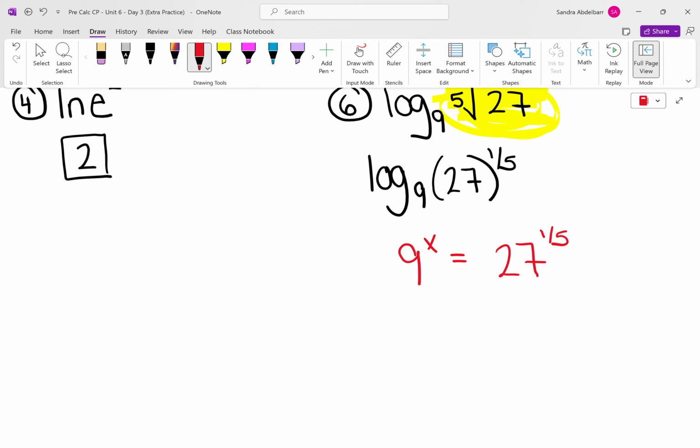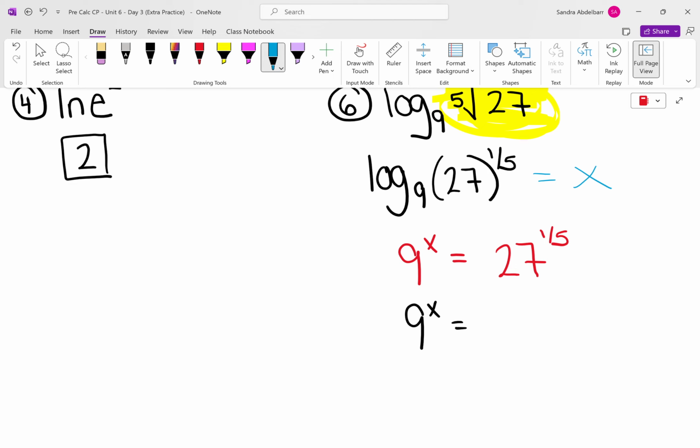Why is it x? Because remember, it's log base answer equals exponent, but is there any equal sign here? No. So that's the unknown, so equals x.